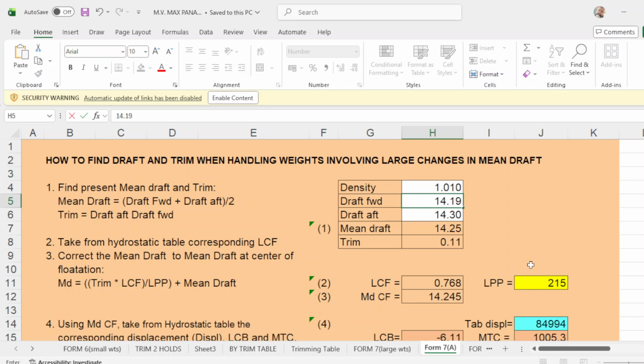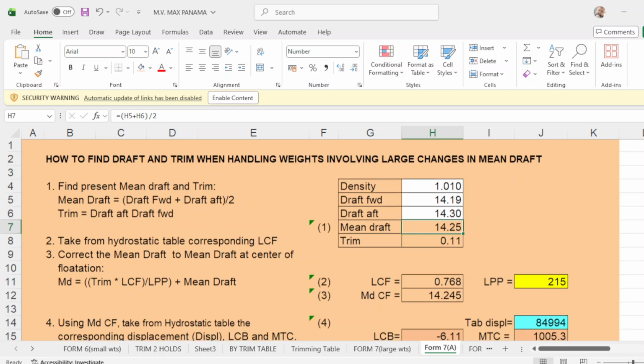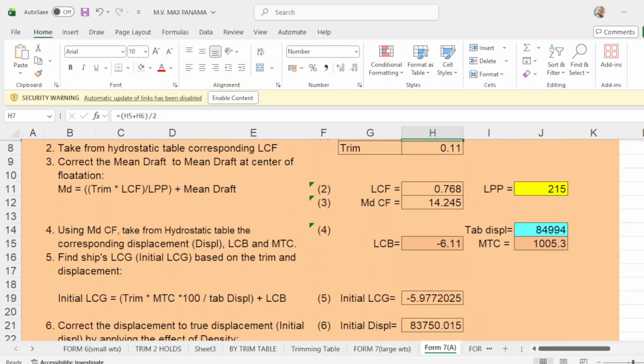So let's say she has completed loading, and what will be her draft if she floats in a water density of 1.012?